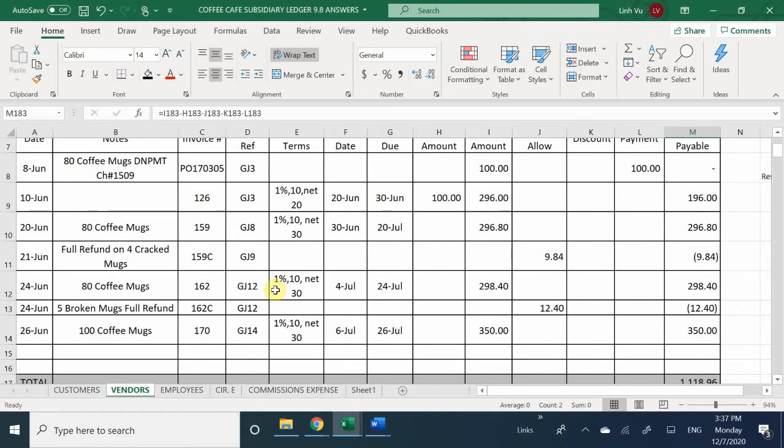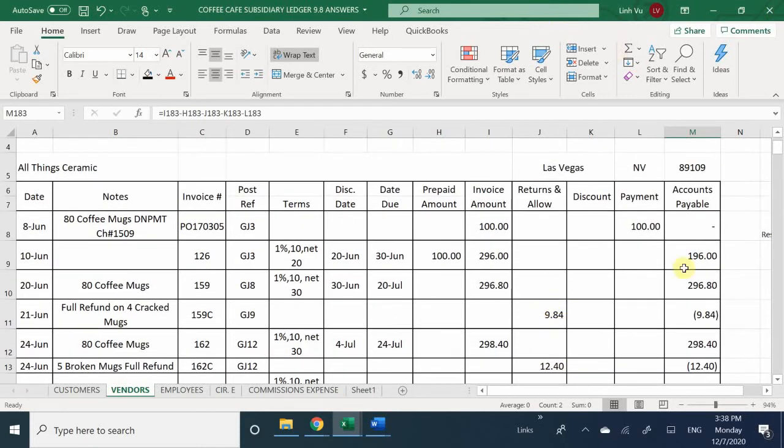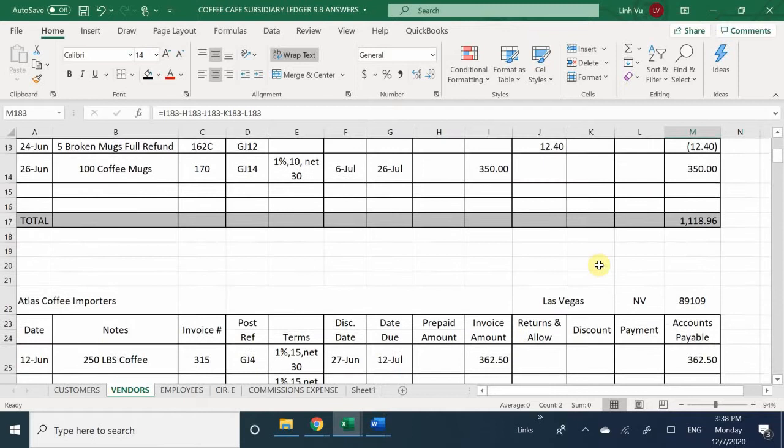All right. So on the 159, the amount is 296.80 minus the 100, so 196.80.